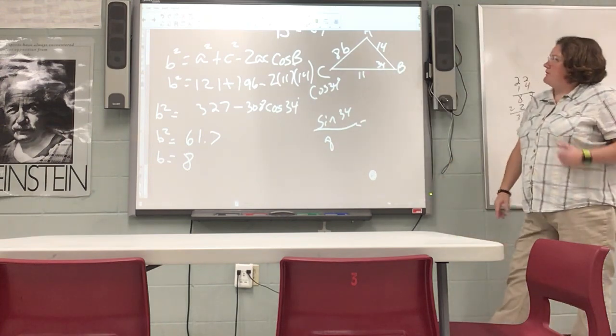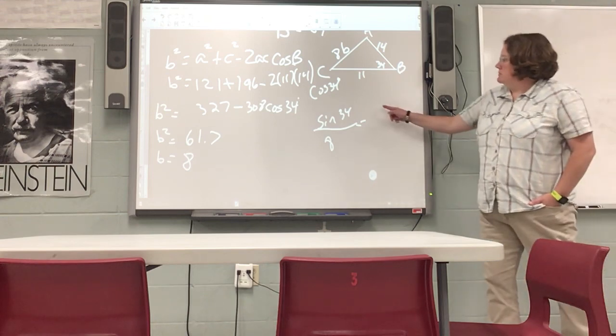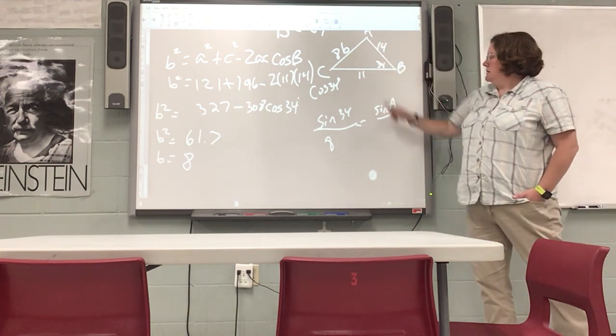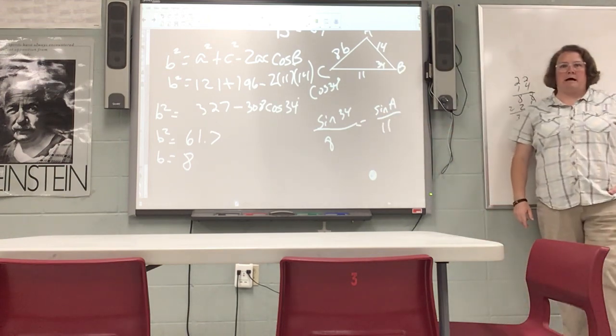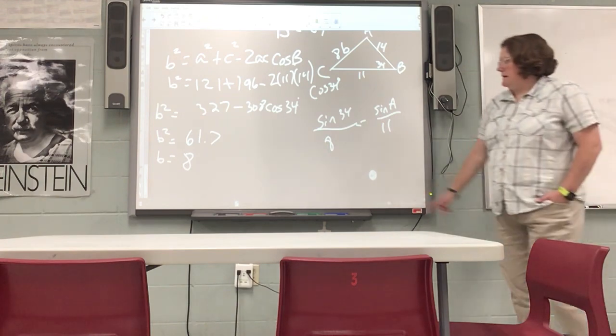Which one do you wanna find first, angle A or angle C? A. So that equals the sine of A over 11, right? My A is being divided by 11, so we're gonna multiply by 11.